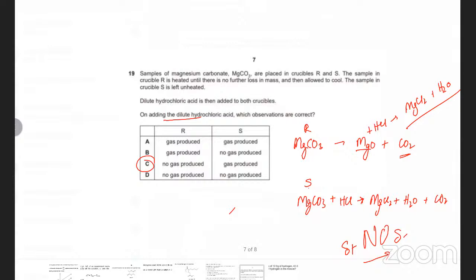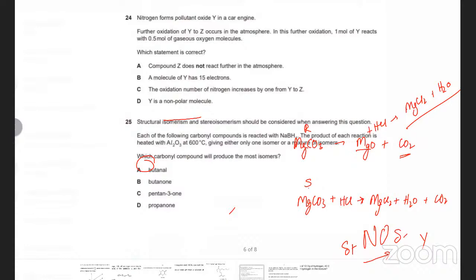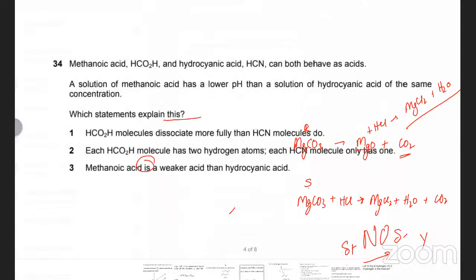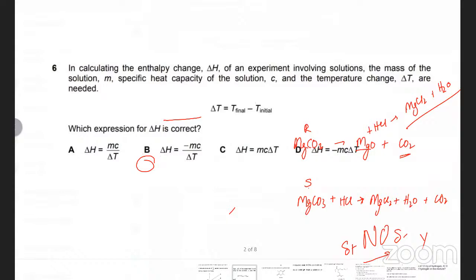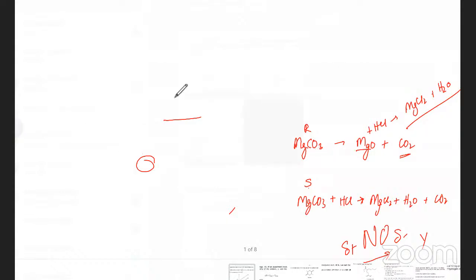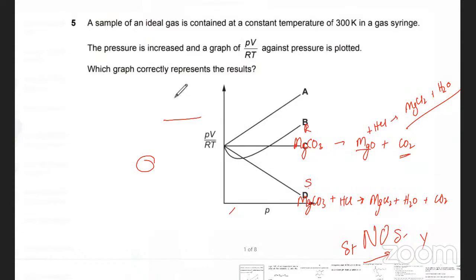He was asking about Y, which was NO, not about NO2. But even NO2 is actually polar. I'm not sure where the question is, but he was asking about Y, which was NO.